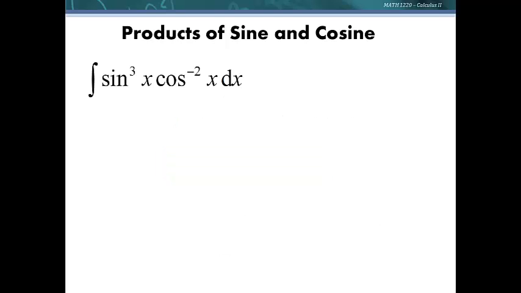If one of the trig functions is raised to an odd power, we are going to break off one of those odd powers. So I'm going to express this one as sine squared x cosine negative 2x, the sine that I'm splitting off, dx. I'm then going to use the same strategy that I did for odd powers when I didn't have the product, and I'm going to express this one using the Pythagorean identity.